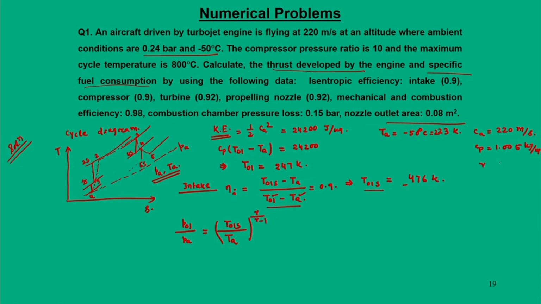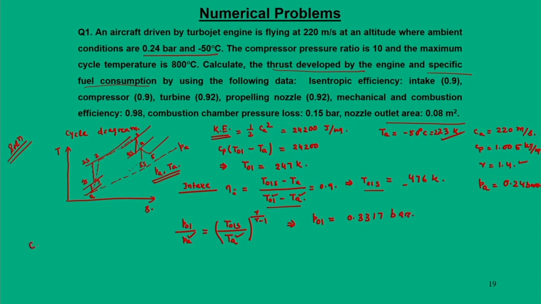So we say gamma is equal to 1.4, TA is known, PA is known, PA is 0.24 bar, TA is known as 223 Kelvin. So gamma also is 1.4. So this will give you P naught 1. So P naught 1 is 0.3317 bar.